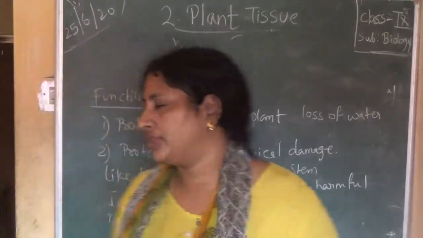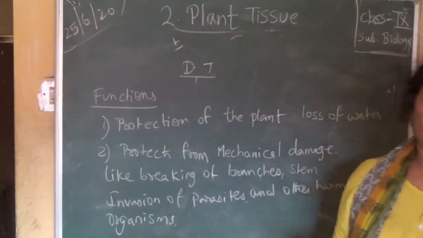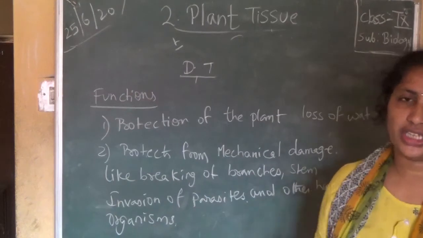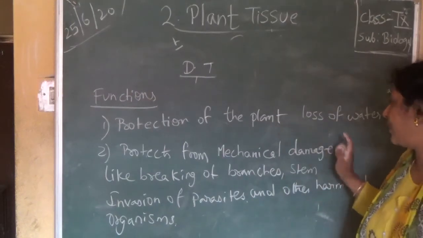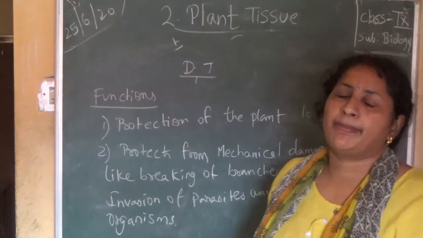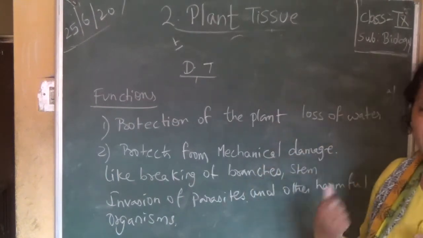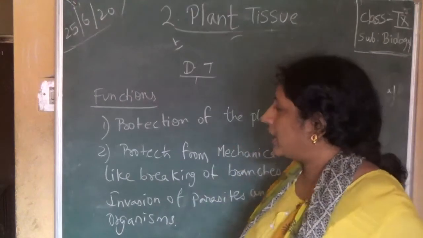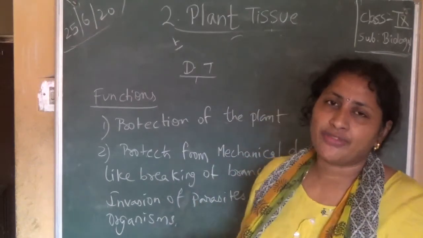Main function of dermal tissue is protection. So it protects the plant from loss of water. If a plant loses more water, what happens? The plant will die. So, in desert, it protects the plant from loss of water.